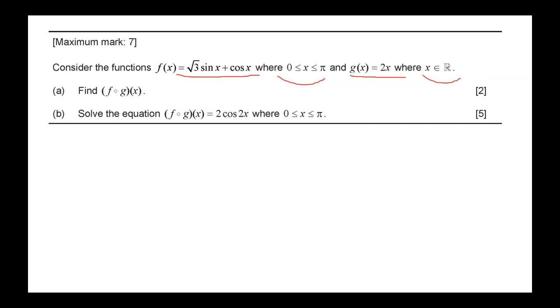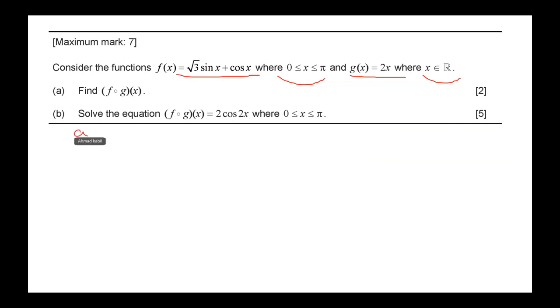Now, in question A, we're required to find f of g of x. F of g of x means a composite function. So I like to write it in a different way, which makes it easier to understand.